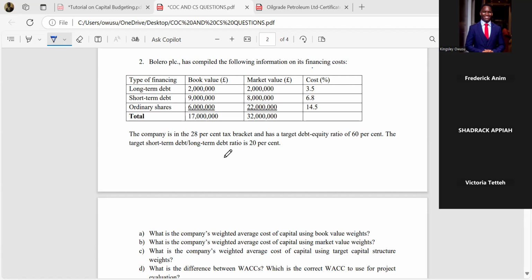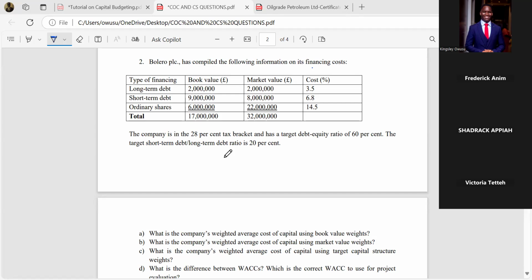We go to our balance sheet and the values of these sources of capital there, we select it as our basis for weighting. Or we can do so through market values, where we said that with market values, you simply go to the market and find out how much the security or the source of financing is currently being traded for, and use that as the basis to weight your capital.